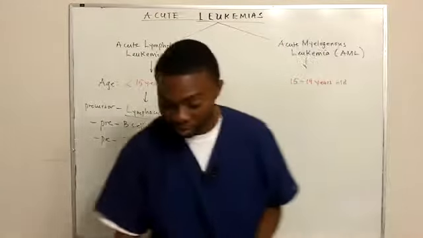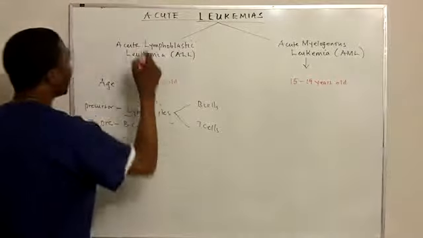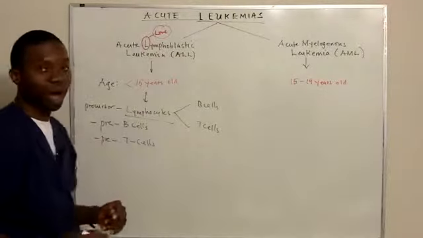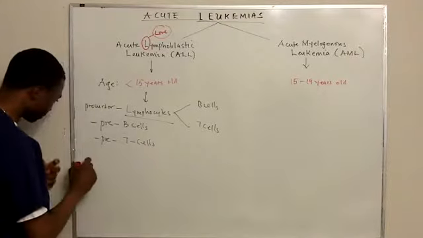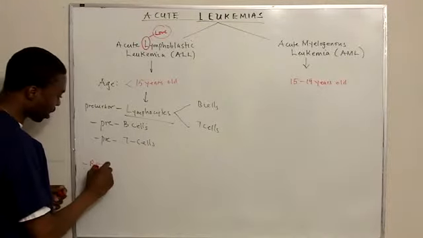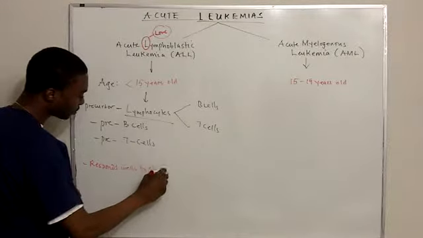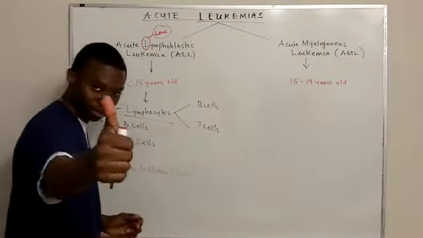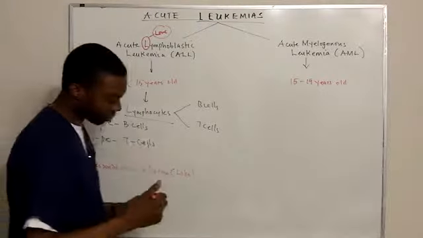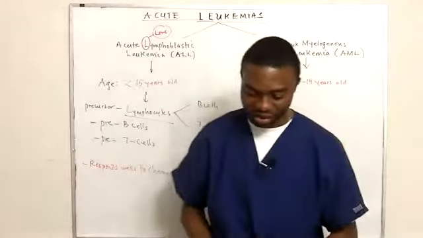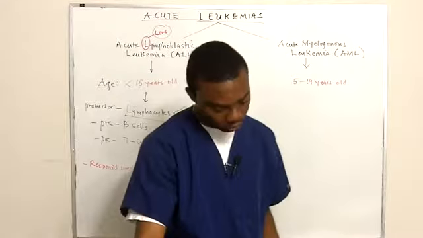This is how I remember which one responds to chemotherapy: L stands for love, or likes to respond to chemotherapy. So it responds well to chemo. Good. Because when I get to AML, I'll tell you it's not very responsive to chemo.